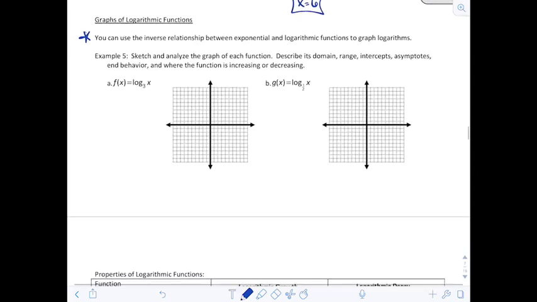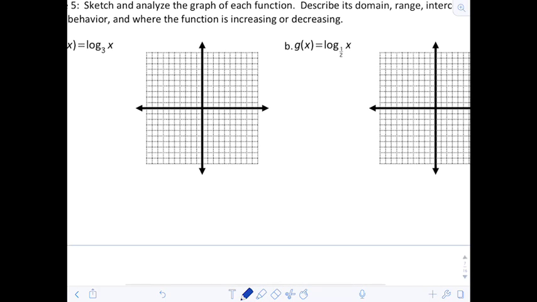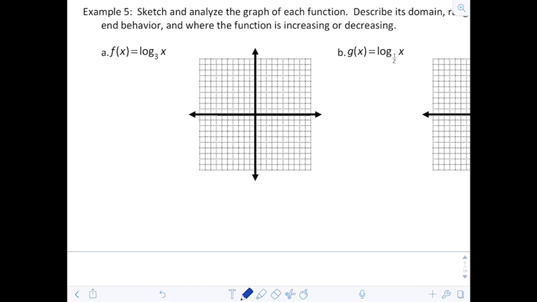So example 5, we're going to sketch and analyze the graph of each function, describing domain, range, intercepts, asymptotes, end behavior, and increasing or decreasing behavior. So the first thing we're going to graph is the log base 3 of x. f of x is the same as y.